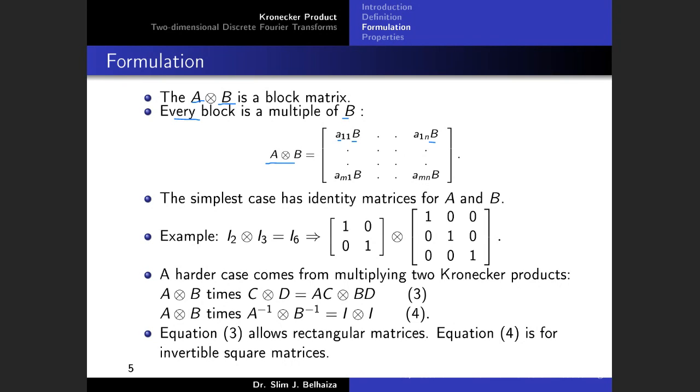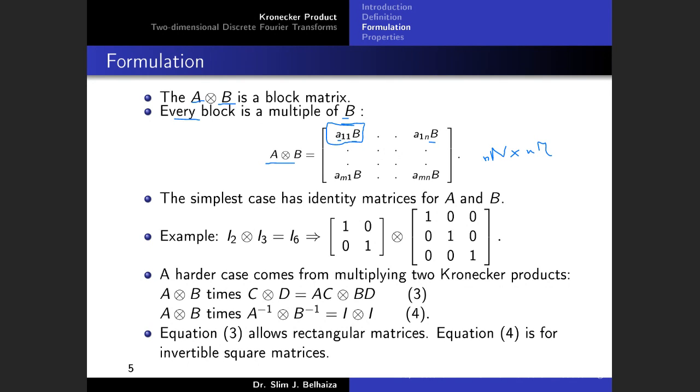Okay? So imagine what's going to happen with the next row. Of course, every entry in the second row of A will also be multiplied by B. And in every entry you see in the result, you have a matrix. That's why this matrix is, let's say, mM by nN. Okay?